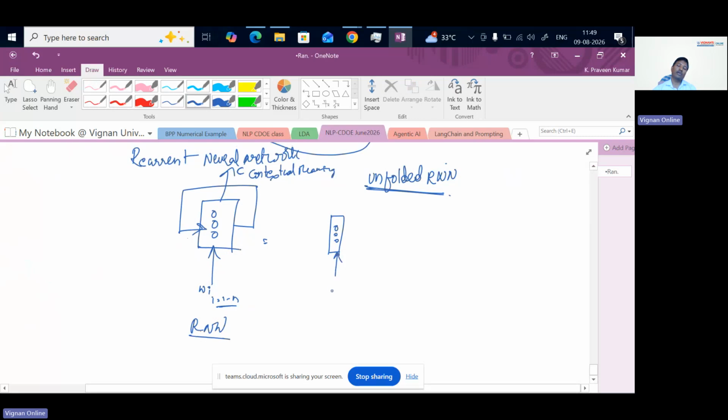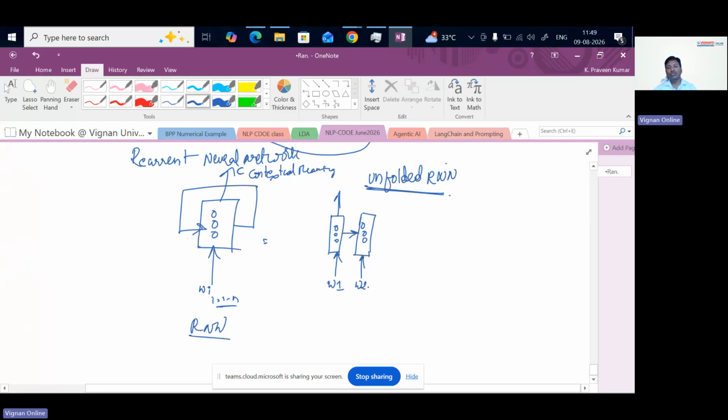This is taking word one, and it has understood and generated something, and at the same time the generated thing is passed to the right side. And this one is the second word. To understand the second word, it requires w1 also, so you are getting it here.